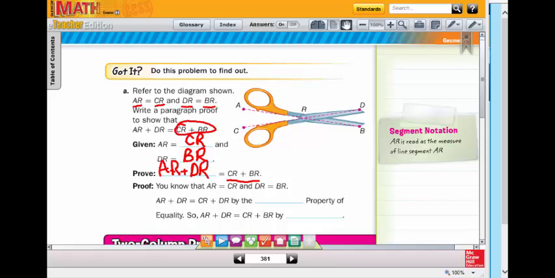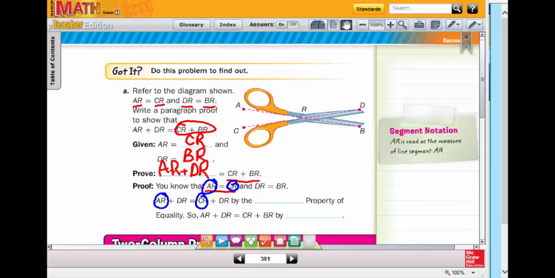So now it says, proof, you know that AR equals CR and DR equals BR. That was given up here. AR plus DR equals CR plus DR by the what property of equality? Well, let's take a look at this. We had AR equals CR, and that's where these two come from.